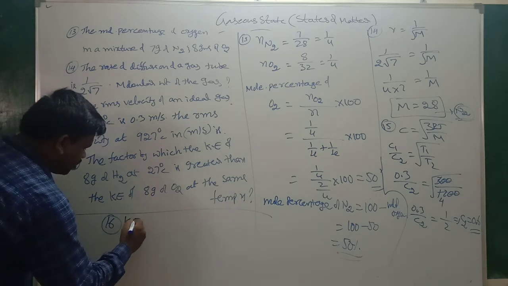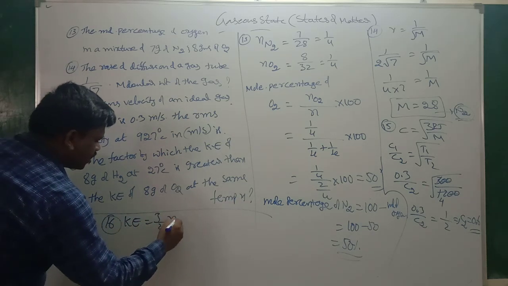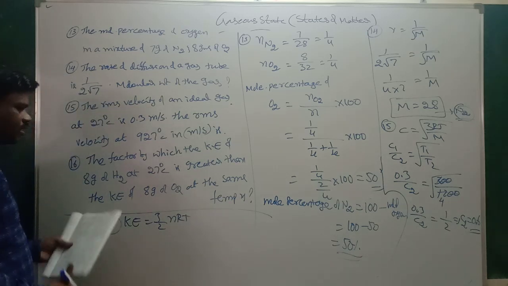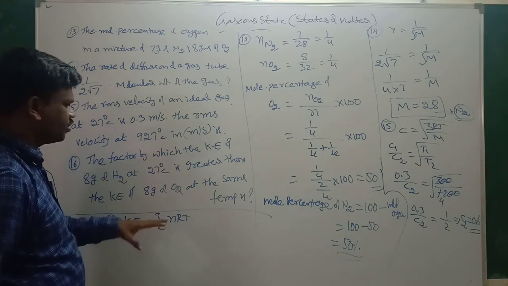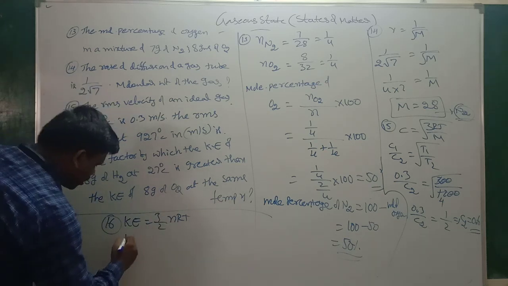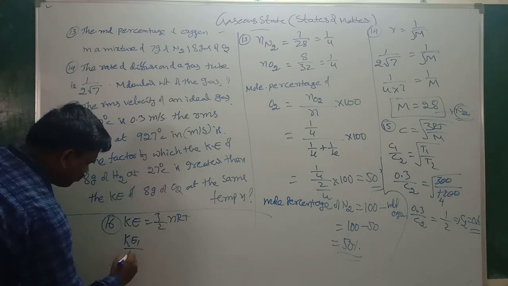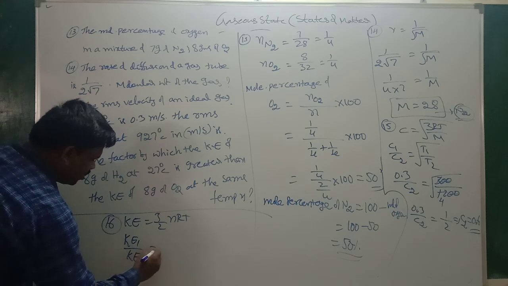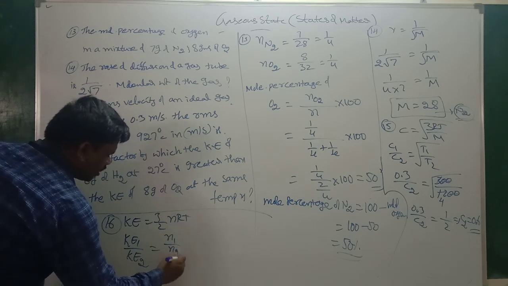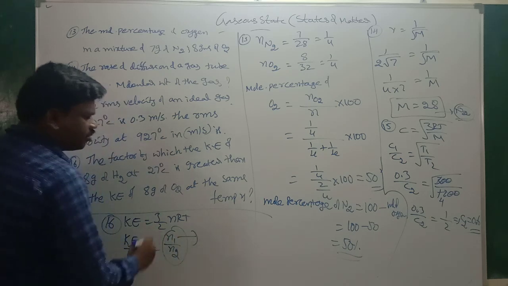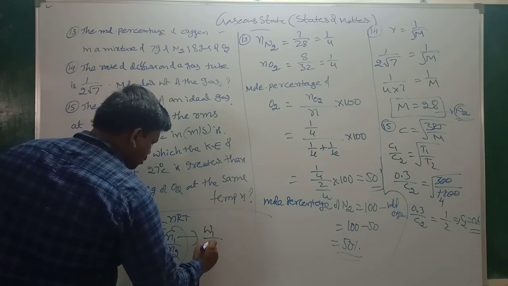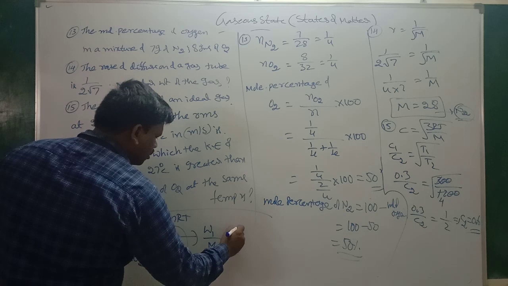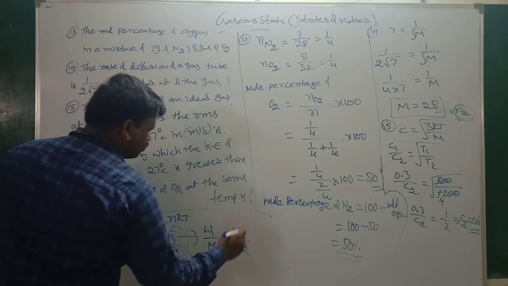Kinetic energy KE equals 3 by 2 nRT. Here, the relation between kinetic energy, number of moles and temperature is the same. Therefore, for the kinetic energies of two gases, KE1 by KE2 equals N1 by N2. N1 by N2 means weight of substance W1 by M1 and M2 by W2.